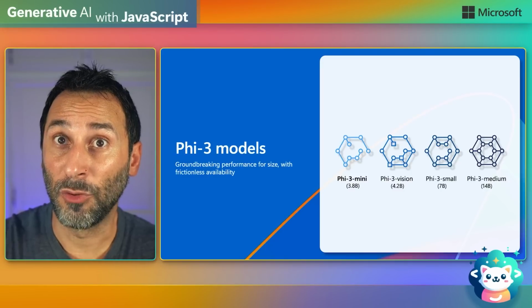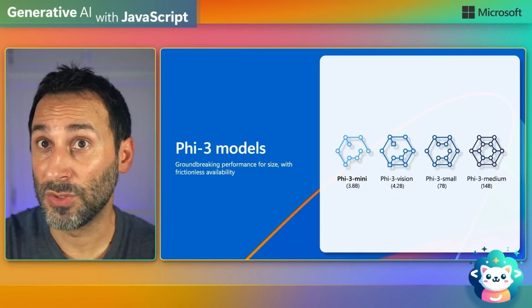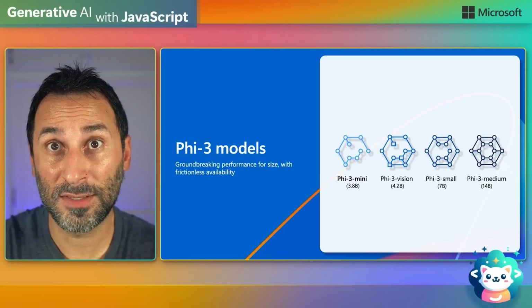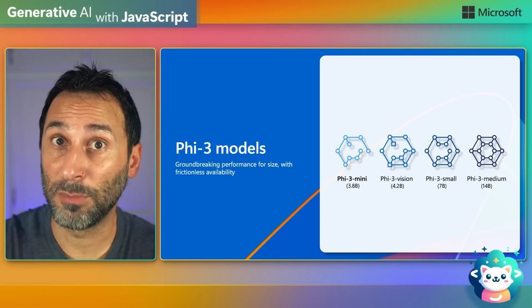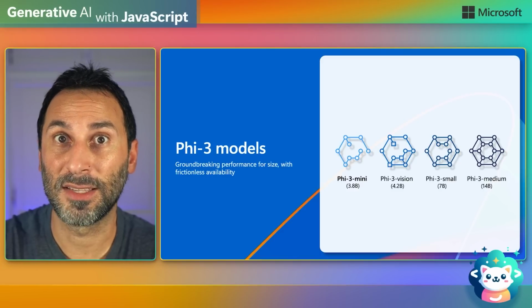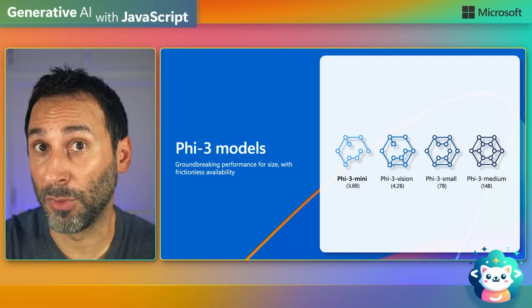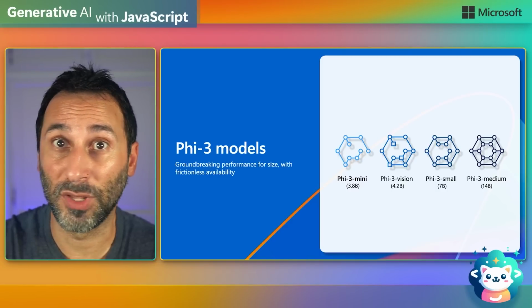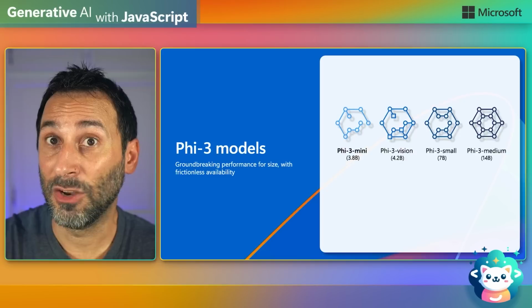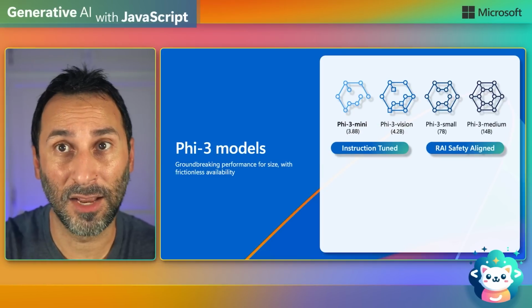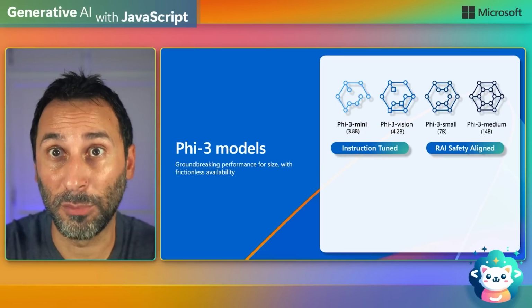We've released the Phi-3 model family, which is a series of small language models, or SLMs, that provide great performance, especially for their size. The tests show that their performance is on par with much larger models such as GPT-3.5, and they include responsible AI safety alignment to prevent harmful content from being generated.